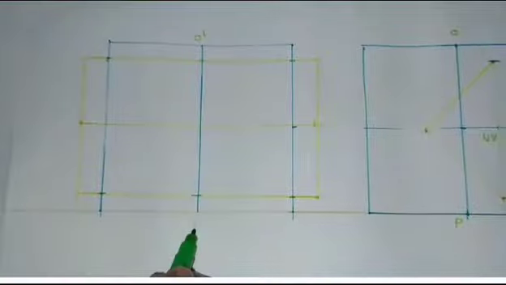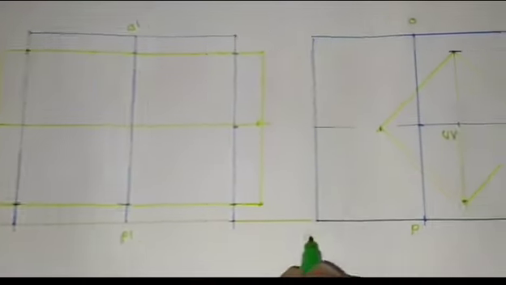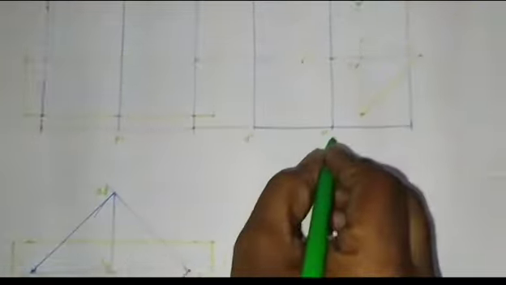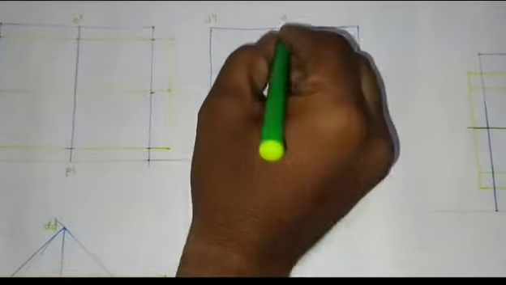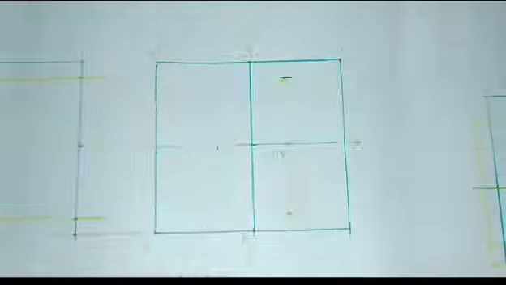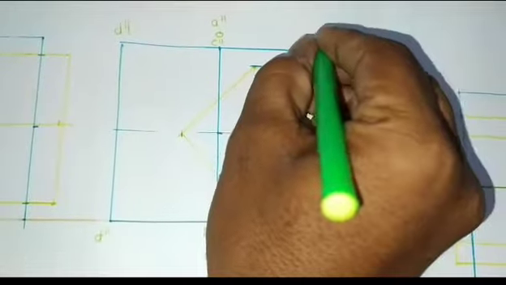This is O dash P dash, this is the axis. They will give the height. This is D double dash, which I have transferred here. This is the point C double dash, also A double dash, also B double dash.